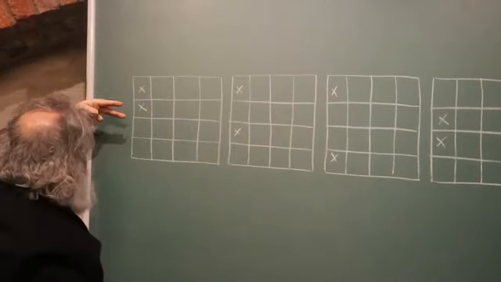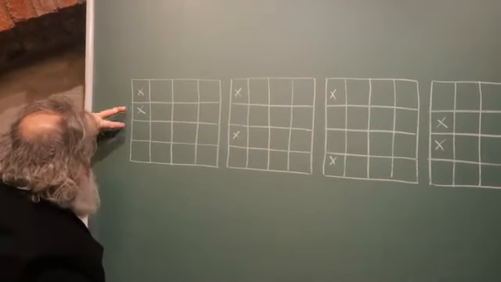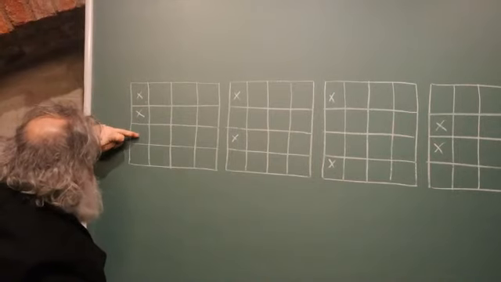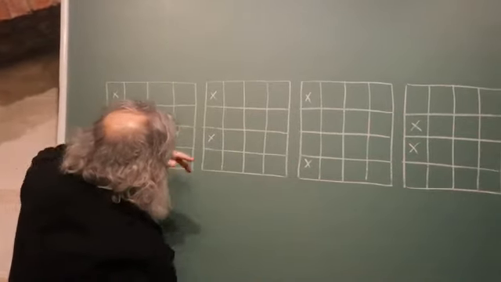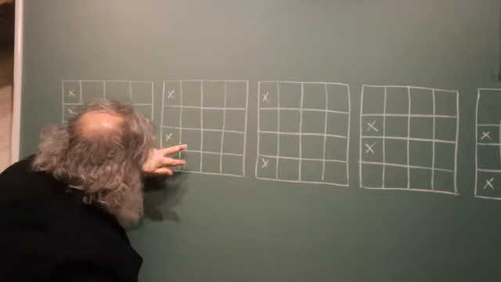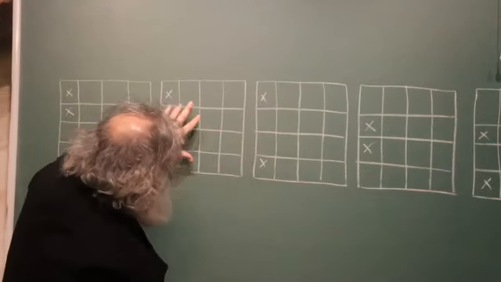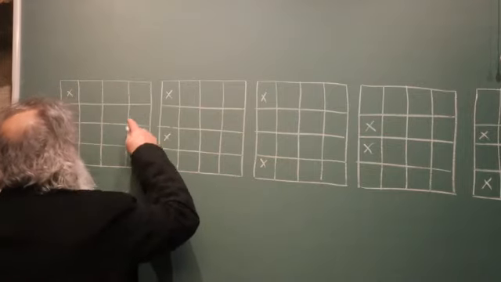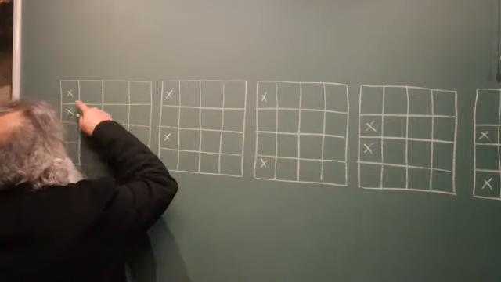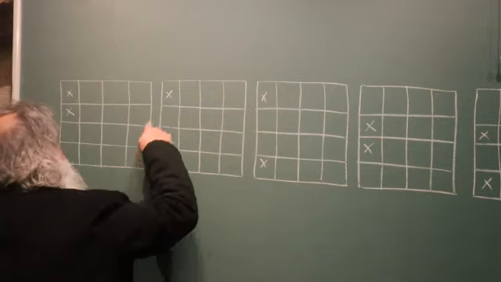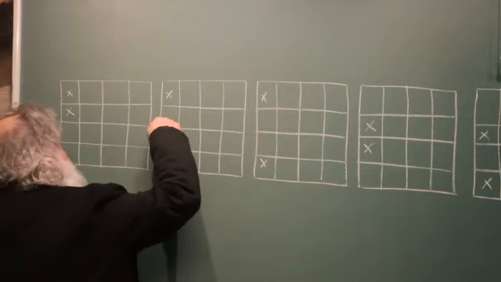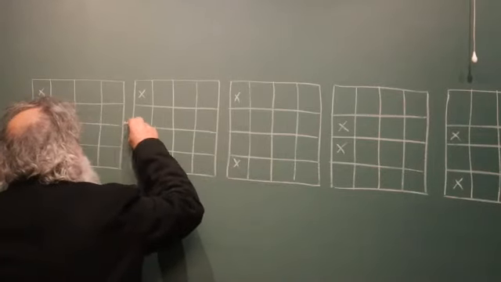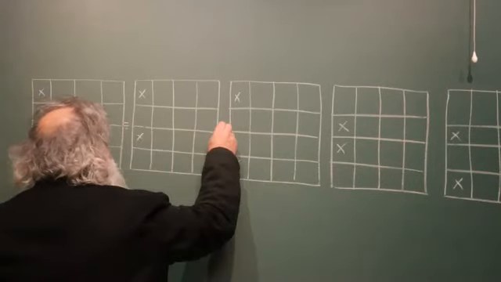If you exchange these 2 columns, this comes to here, this comes to here. And if you exchange the two, this will become this. So the number of configurations starting like this is equal to the number of configurations starting like this, and equal to those starting like this. They are all equivalent.